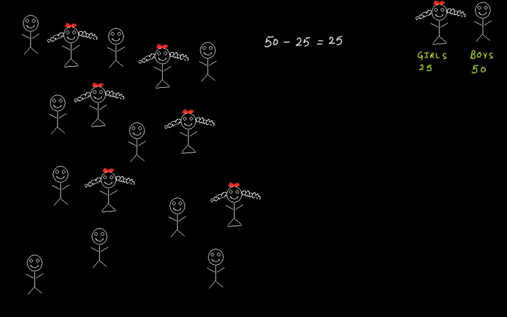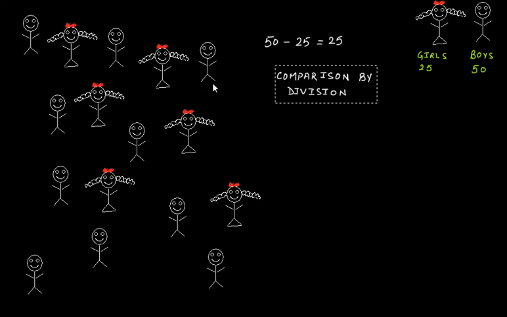Now come to this one. When you subtracted, you got 25 as the difference between the number of boys and the number of girls, meaning we have 25 more boys in comparison to girls. If I have to apply comparison by division, how will we do this?